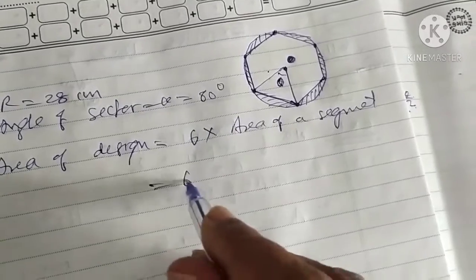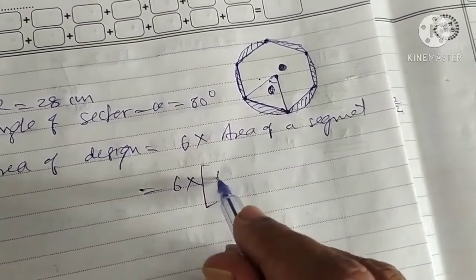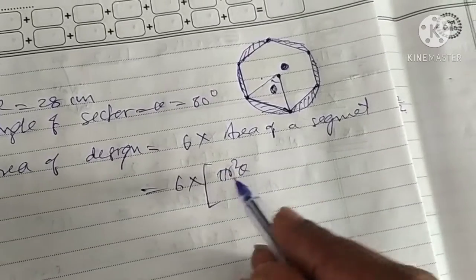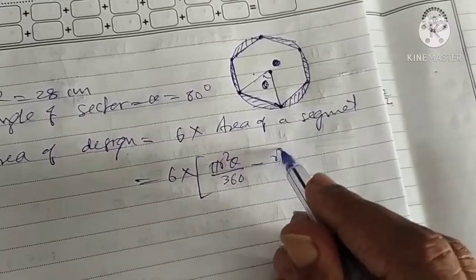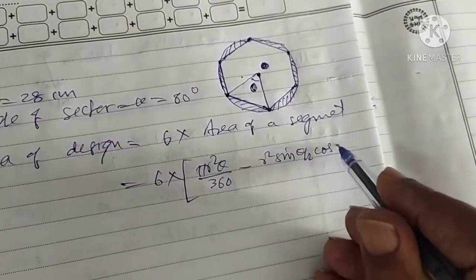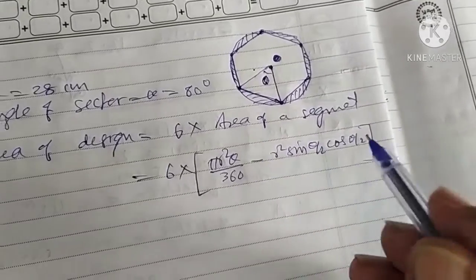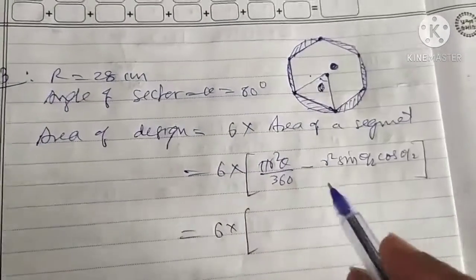What formula you know? Please write down pi r square theta upon 360 minus r square sin theta by 2 cos theta by 2. Right? Now see, 6 multiplied by bracket.